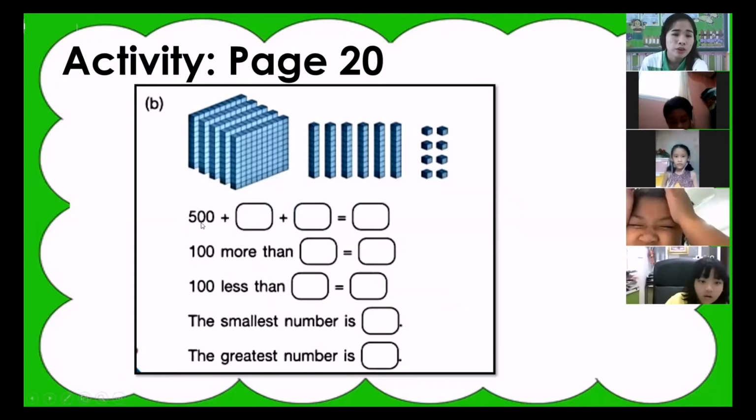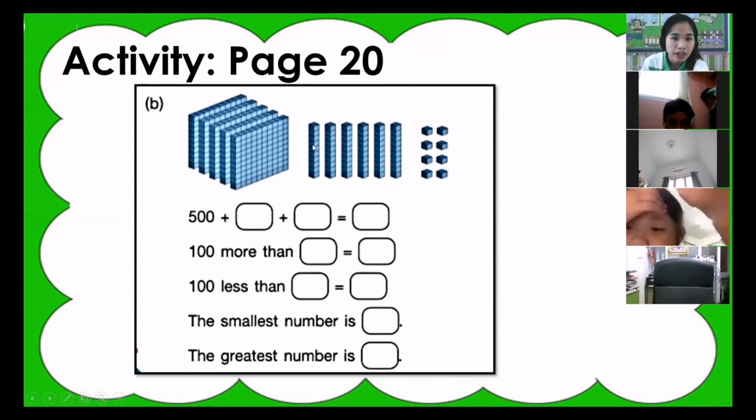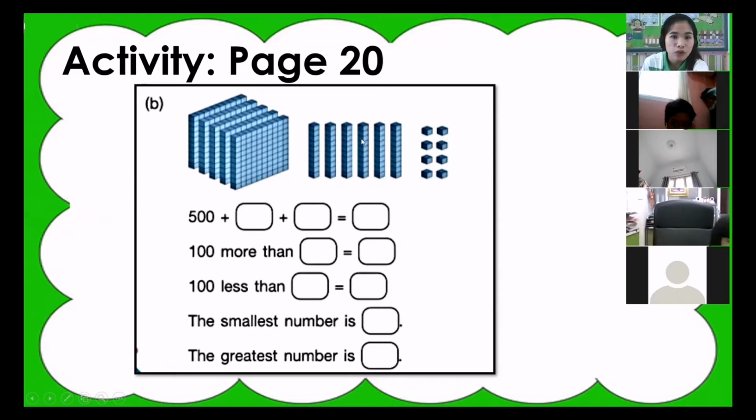Okay. So we have here boxes. That is 500. 500 plus 10, 20, 30, 40, 50, 60. You're going to write 60.